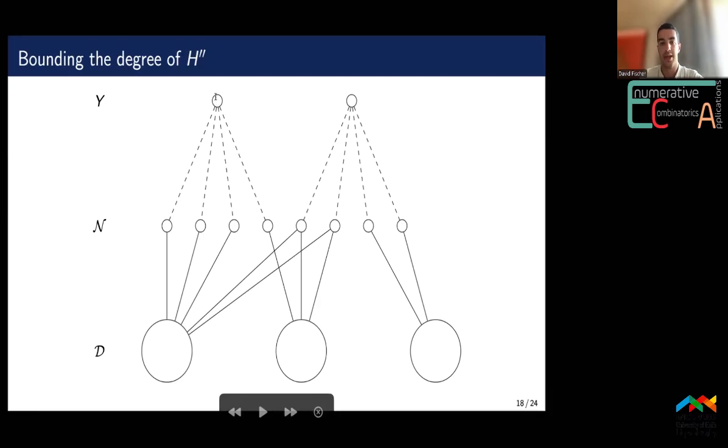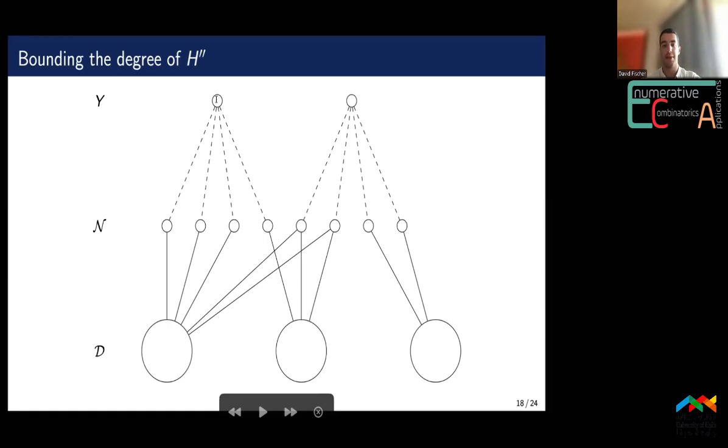And the question is, how do we bound the degree of these guys in H double prime? The key is to notice that Y has bounded size, because it's the representatives of super vertices from B, and B is a subset of X prime, which is our balanced separator for H prime, and X prime has size at most 3.